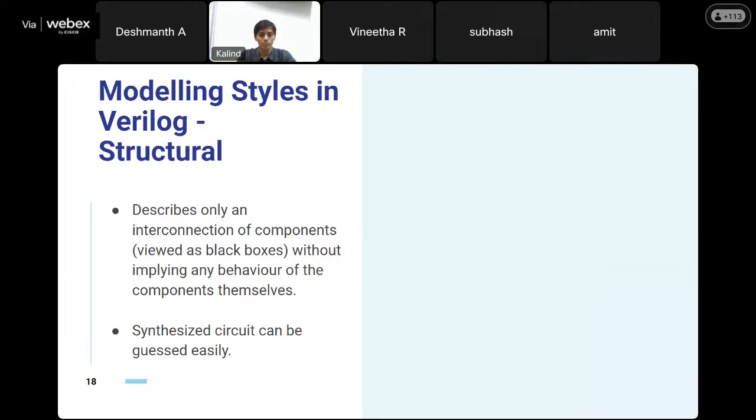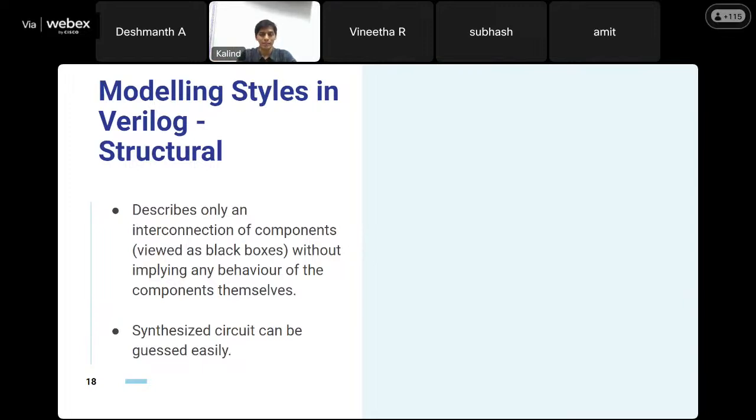So basically, if you are given a particular circuit to implement, you will define the interconnection of these components without explicitly mentioning how these components will behave or how they are going to work. Okay, so it is very easy to guess what the synthesized circuit will be out of this.